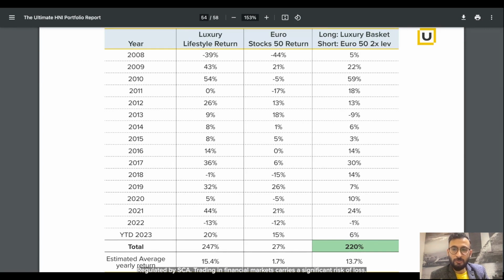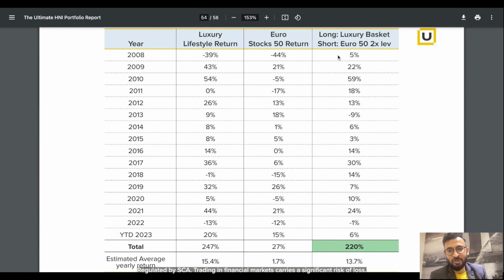So if you just bought luxury lifestyle and short sold Euro stocks, you would see that most of the time their individual returns were negative, right? See 2008, for example. If you had only bought luxury lifestyle, or only bought Euro stocks, your net return would always be negative.